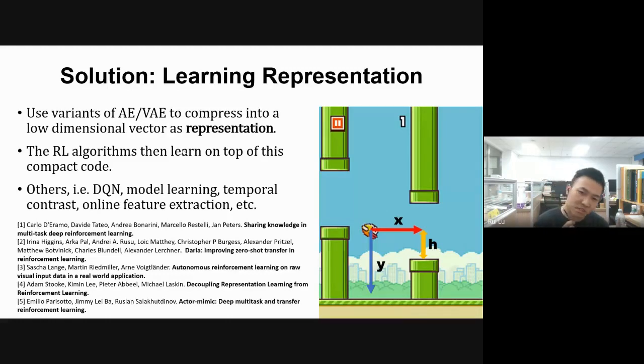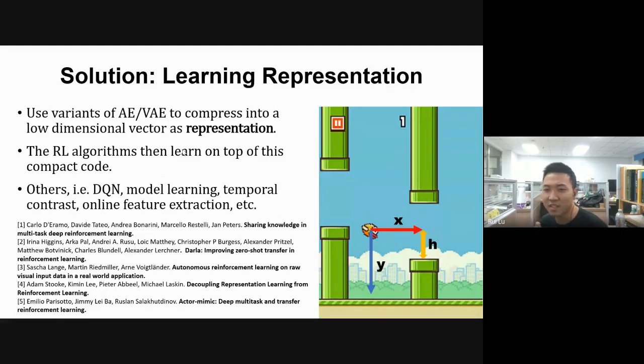So what does a representation in MDP mean? I will use the figure on the right as an example. It is a very famous game several years ago called Flappy Bird. The player has to tap the screen and let this bird fly through the narrow gaps between the tunnels.